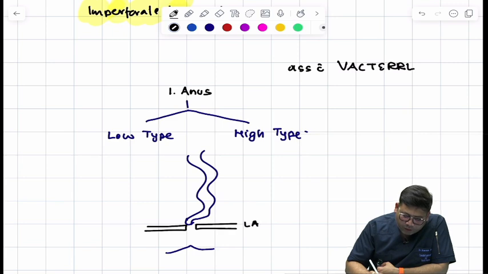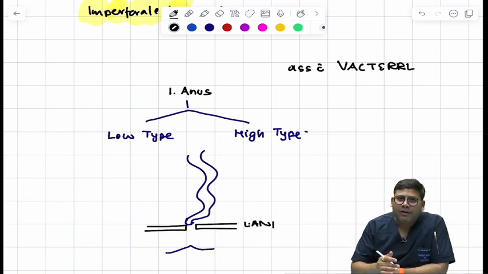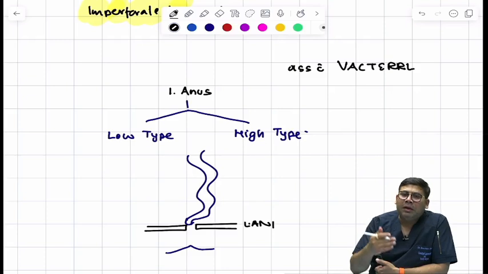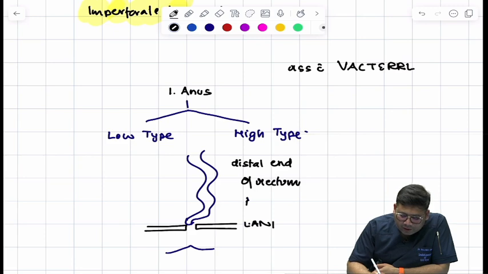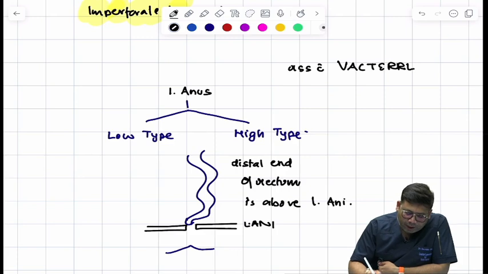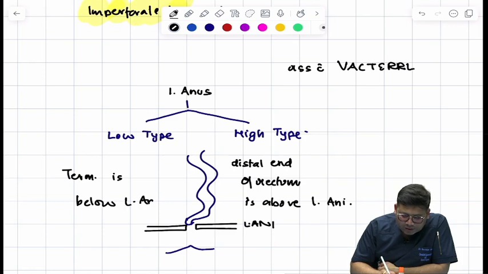So, remember, if the distal end of the rectum is above the levator ani, this is what is known as the high type. And if the termination is below the levator ani, then that is known as the low type.